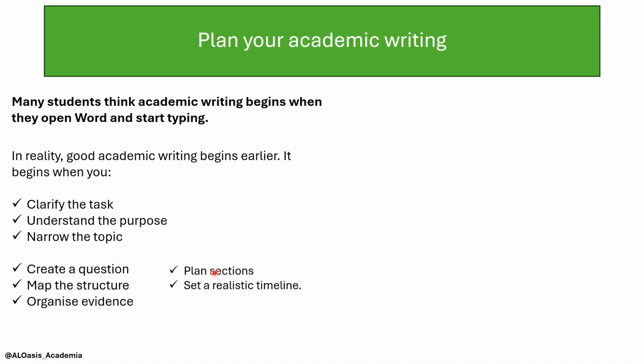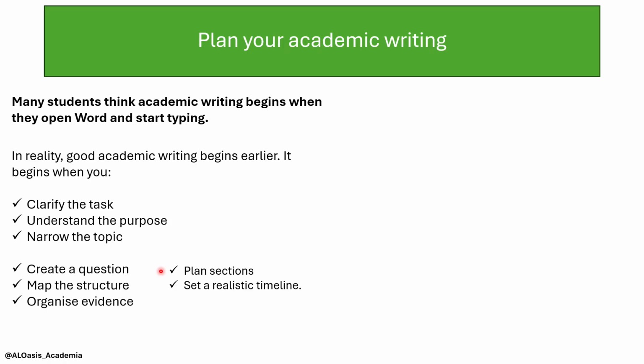Okay, then planning the sections, the headings and subheadings of the piece of writing that you want to make. Even that, some students think we will start writing paragraph by paragraph and we will see how it goes. That's not quite right. The right thing to do is to plan even the sections, the headings and subheadings, and be prepared to have an idea of what you're going to write about.